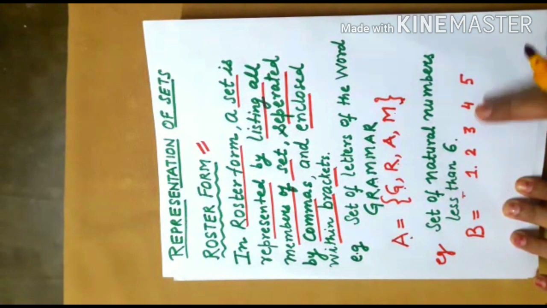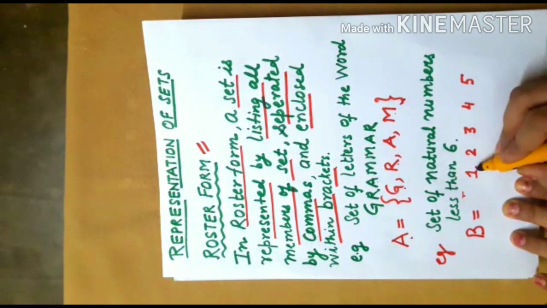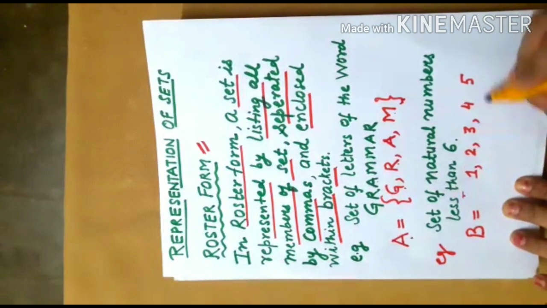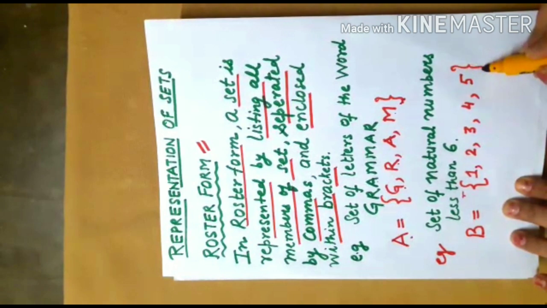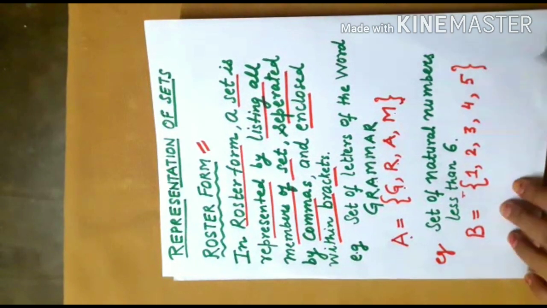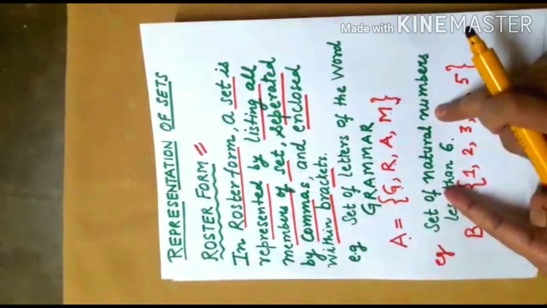So these are the members of this set. I have listed all the members. I separate them using commas and enclosed all the members in the curly brackets. So this is the roster form of this set.